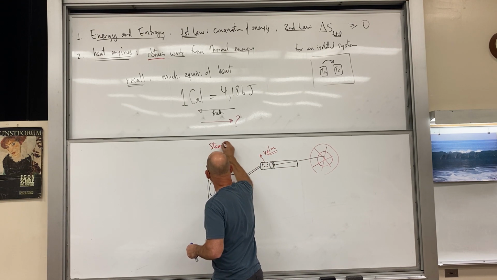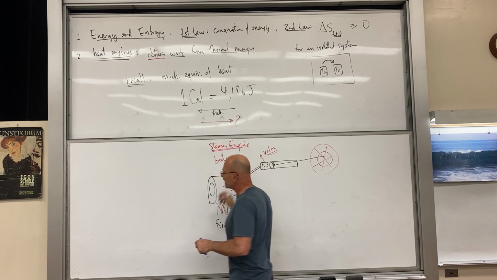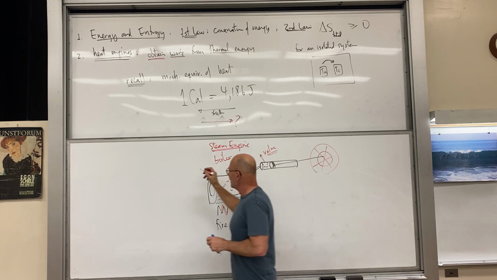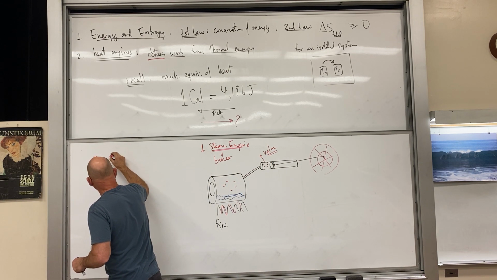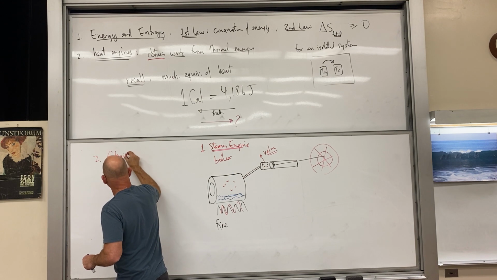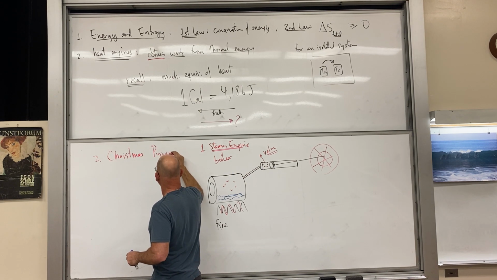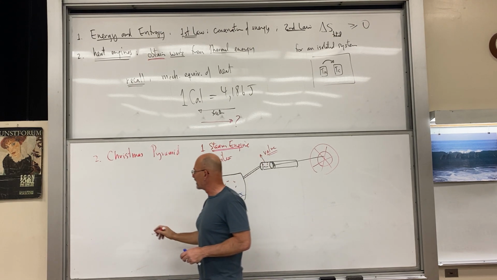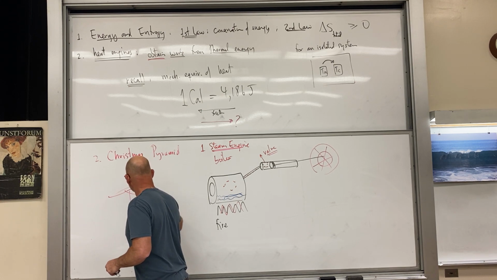The other engine I wanted to show you guys, but I'm just going to mention it, and you can look online and get some pictures. So this is the first one. The second example is the Christmas pyramid. If you look up Christmas pyramid, what you'll find is an interesting, seemingly decorative thing.